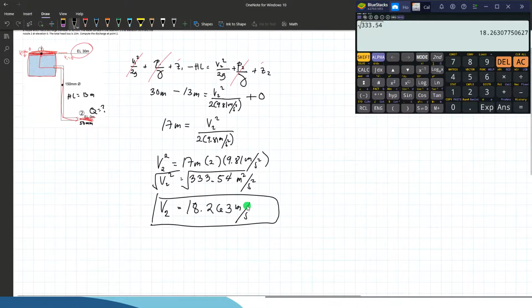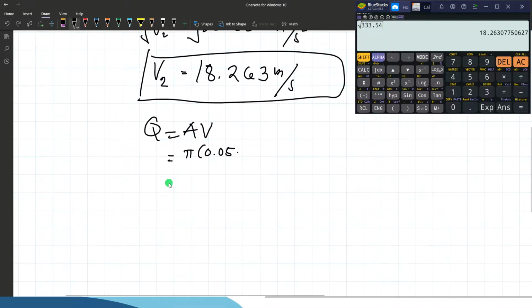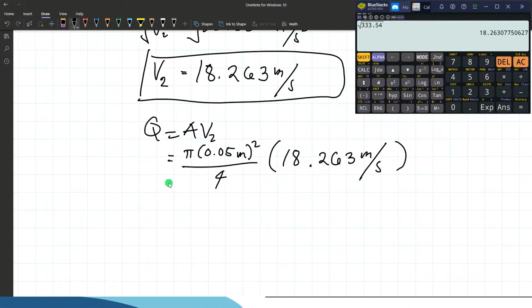Okay, now Q equals AV. So we have a cross-sectional area. For the nozzle, we have a 50 mm diameter, so pi d squared over 4. We convert the 50 mm to meters, 0.05 meter, squared, over 4, times velocity 18.263 meters per second. So the discharge is pi d squared over 4 multiplied by 18.263.